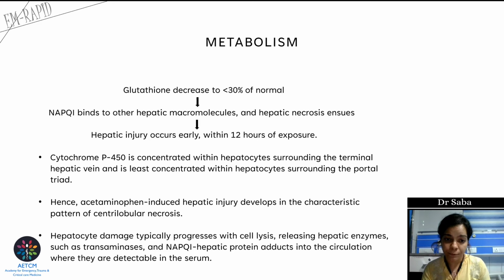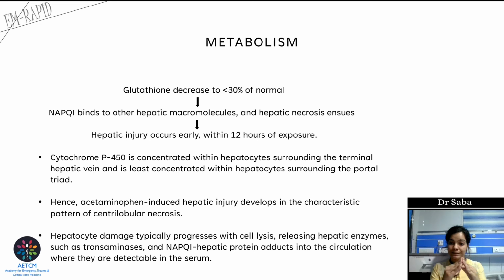Now, cytochrome P450 is majorly concentrated within the hepatocytes surrounding the terminal hepatic vein, and it is least concentrated within the hepatocytes surrounding the portal triad, which is why the pattern of hepatic injury is centrilobular.